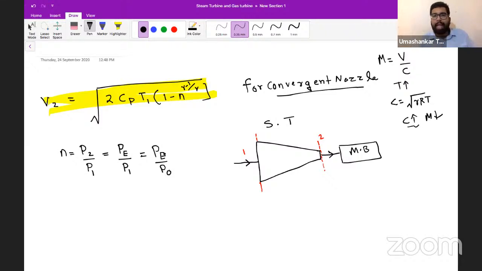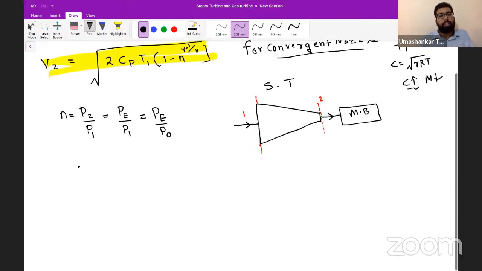In the last lecture, flow through nozzle part 2, what did we see? We saw that this velocity can't be more than the sonic velocity, can't be more than C, in a convergent nozzle.